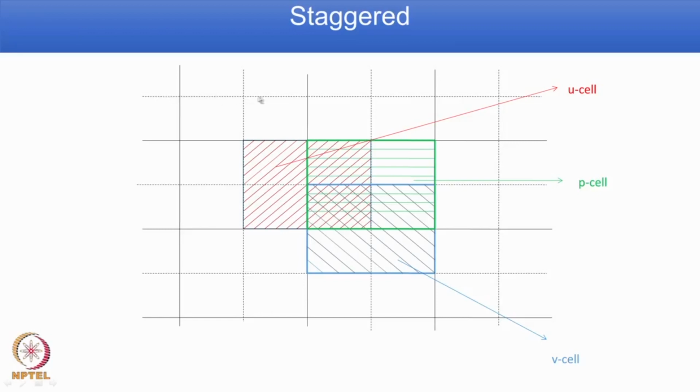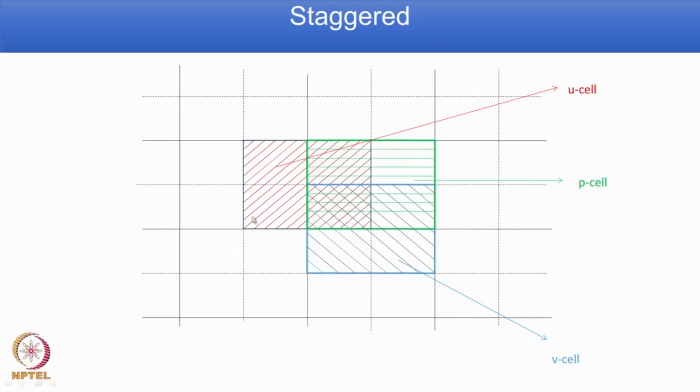Here also you can see a dashed line in between 2 horizontal lines, on the other side also. We have already seen the staggered grid: velocity variables are stored at staggered locations, and pressure or any other scalar is stored in some other location.